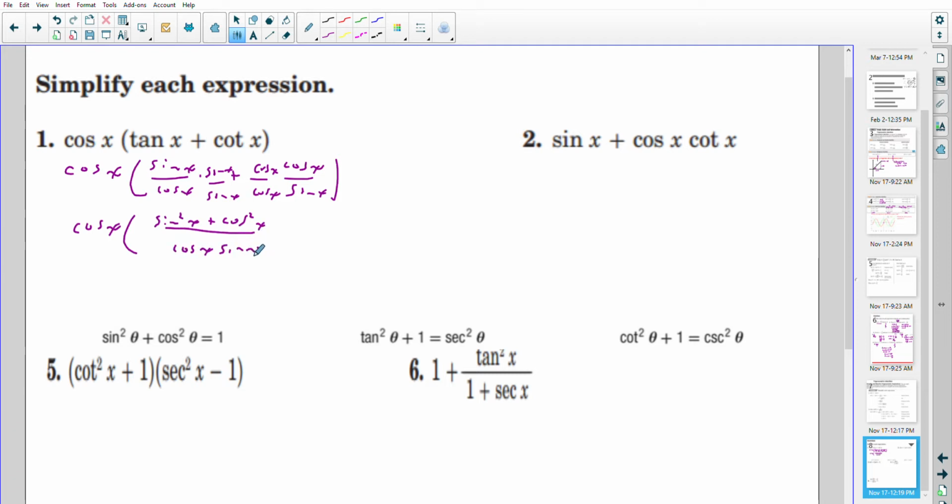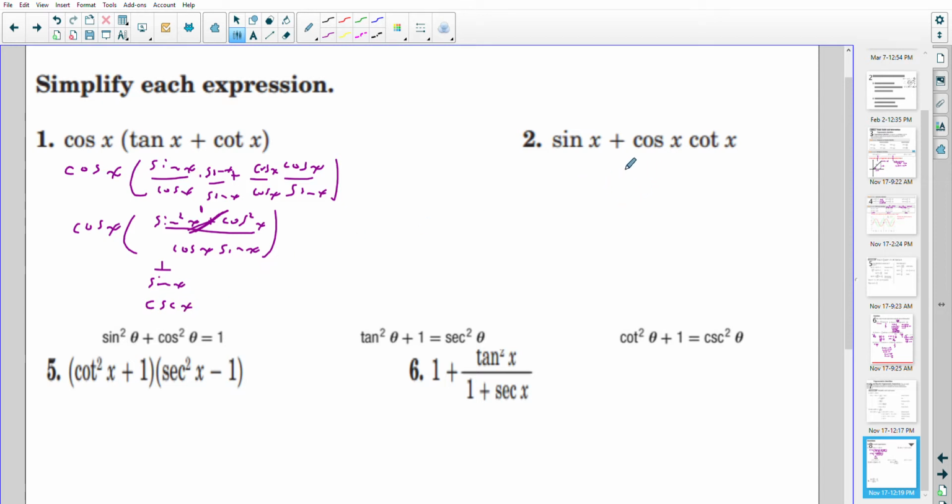Now, you can see that the top is going to equal 1 by using the Pythagorean identity listed below here. So I know that this is going to equal 1. I'm just going to do a little shortcut here. And the cosine and the cosine would cancel out, so you're left with 1 over the sine x. And that's the same thing as cosecant x.